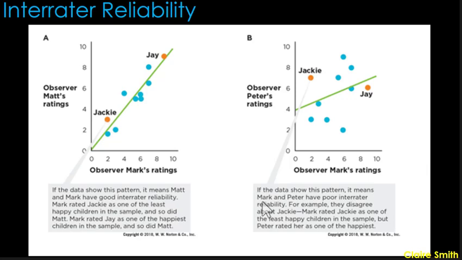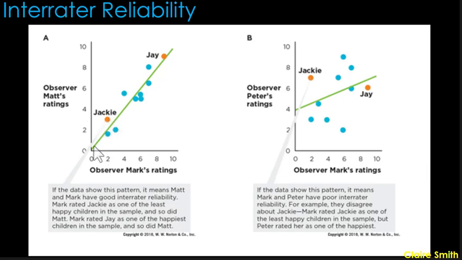So what is this even looking at? There's two independent observers, Matt and Mark. They are rating 10 children on a scale of 1 to 10, indicating how happy they look. So we have Mark's ratings down here and Matt's ratings here. And then the children, again, has Mark's ratings plotted on one axis, Matt's on the other.